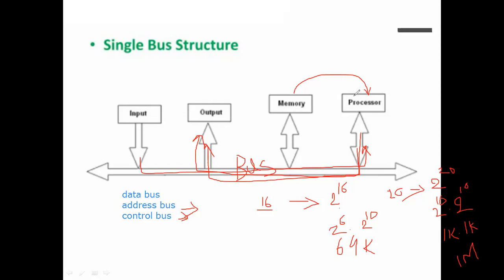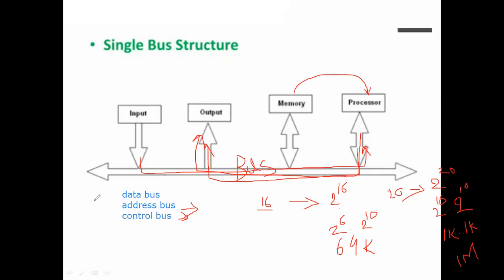In that way, the data will be transferred from one device to another device by using the bus: the data bus, address bus, and control bus. Data bus means by using the data lines we know the processor word length.